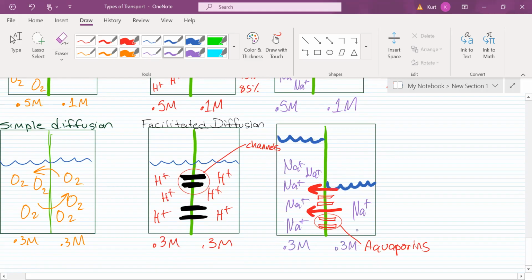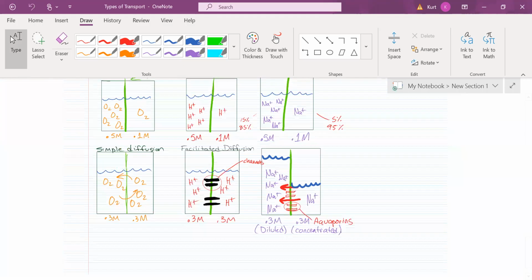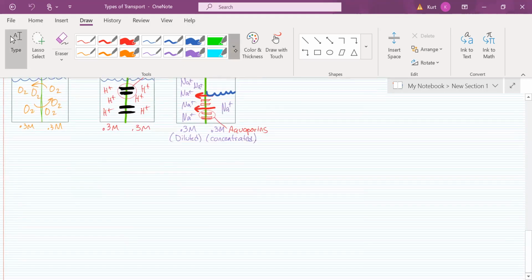You're like, well, I don't get it. This side is going to be the diluted side, so there's more water added, and this side is going to be the concentrated side, which means there's less water. Water was taken away. All right. There's one last thing I want to go over, and then we'll call it a day. And that's going to be the concept of hypertonic, hypotonic, and isotonic.